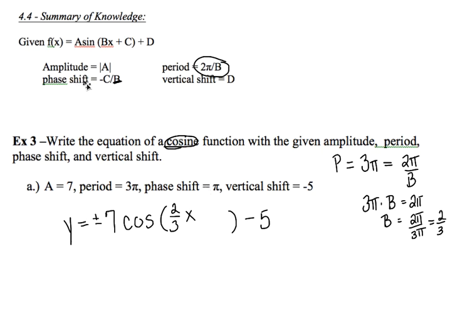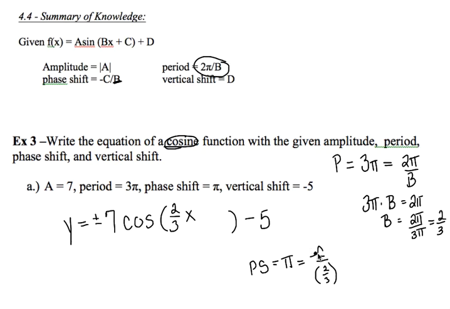Now we're going to go ahead to our phase shift, which is negative C over B. They're telling us that our phase shift is pi. So if I sneak down here on the bottom, our phase shift is pi, and they're telling us that our phase shift is negative C over B, but we know that the B value now is 2/3.